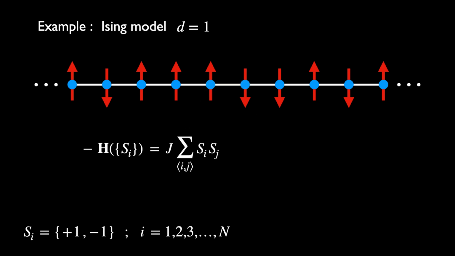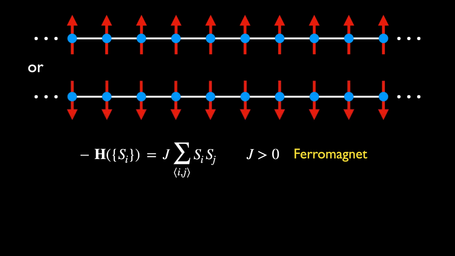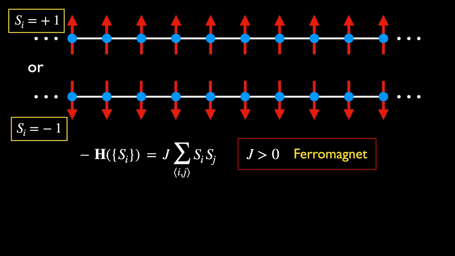At zero temperature, we claim that for J greater than 0, the material will settle into a ferromagnetic phase where all the spins are pointing in the same direction. These two are the ordered phases. We can easily show that their corresponding free energy has the minimum value.